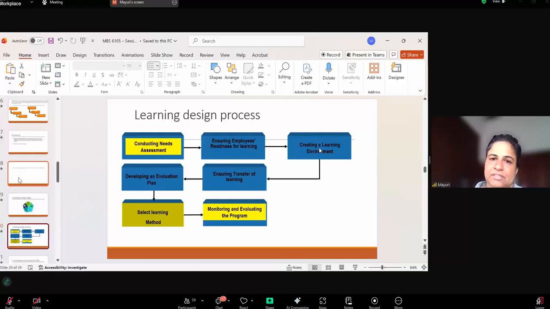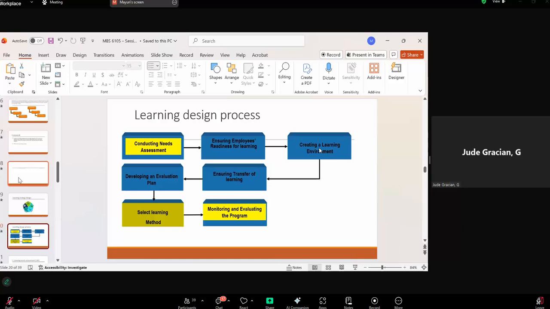So therefore, we are learning the 7-step model. Now, you can see, Jude, how many steps are here in this model? 7. There are 7.